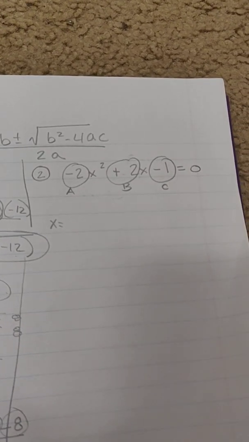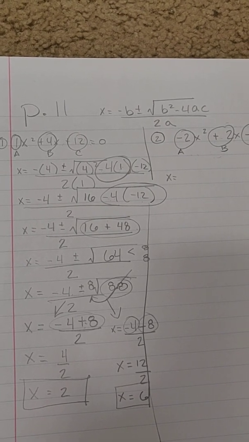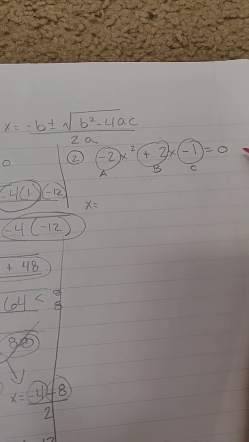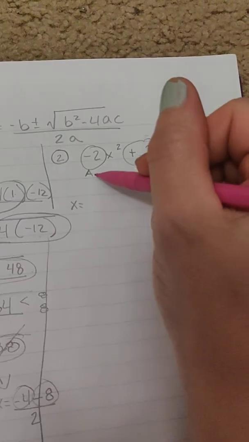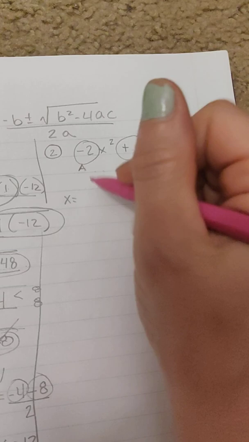All right, so we are going to finish up here with number 2 on the other side on page 11 in your packet. And we've got negative 2x squared plus 2x minus 1 equals 0. Our value of a is negative 2, b is 2, and c is negative 1.